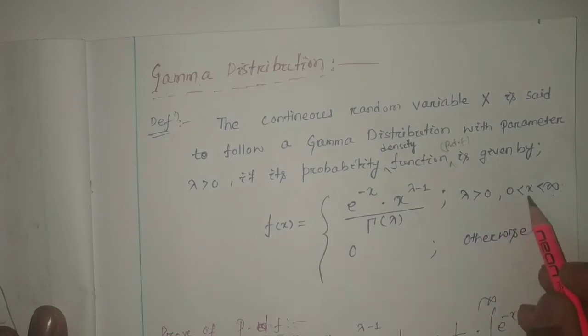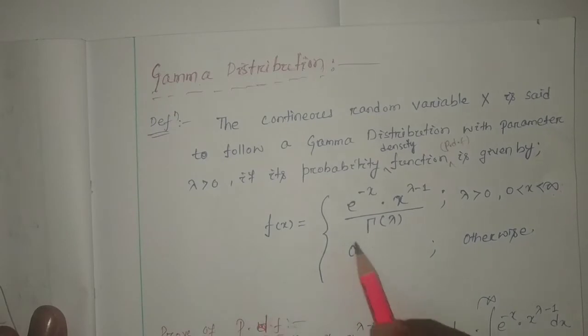Otherwise, for other values of x, the PDF is 0. This is the definition.